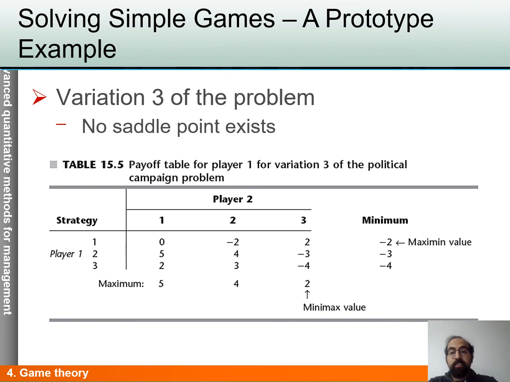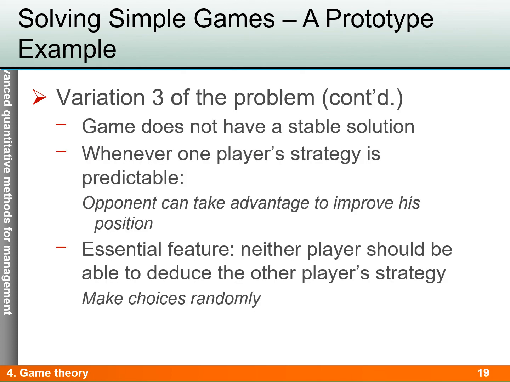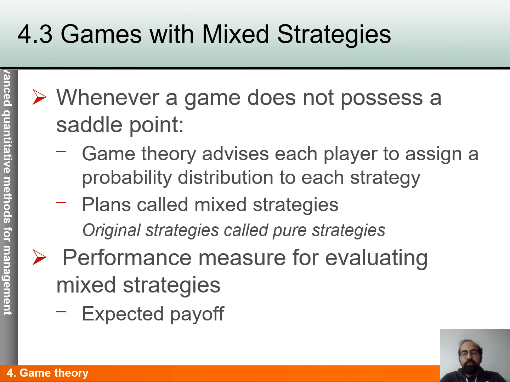Let's go to the next slide. In variation 3, we talked about the situation where there is not a saddle point. We named it an unstable solution.